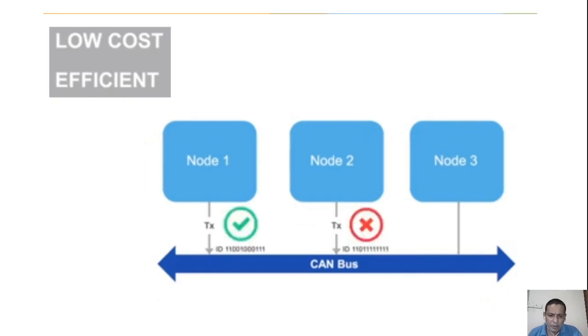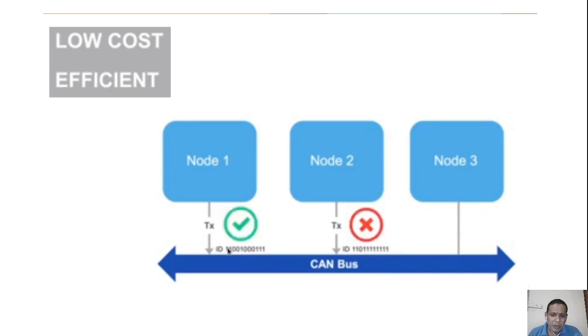Each node has an identifier. Normally an 11-bit identifier is used, and based on this identifier the priority in accessing the bus is decided. All the devices cannot access the bus simultaneously.